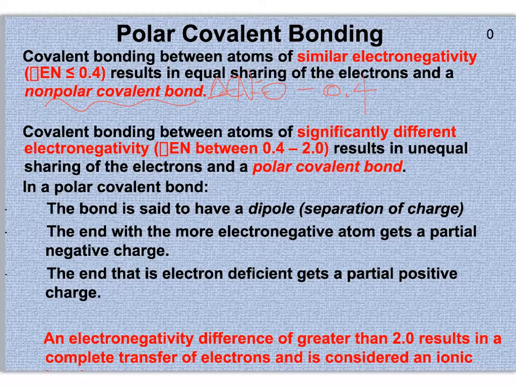If the difference in electronegativity lies between 0.4 and 2, we classify that as a polar covalent bond. And finally, if the difference in electronegativity is greater than 2, that is an ionic bond.